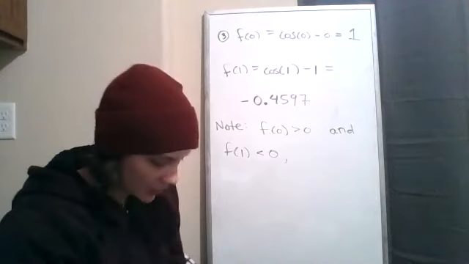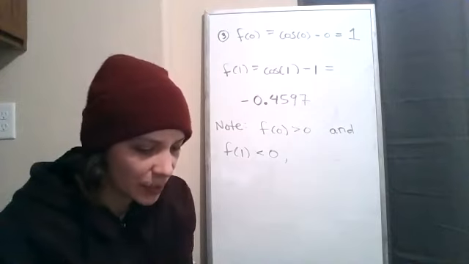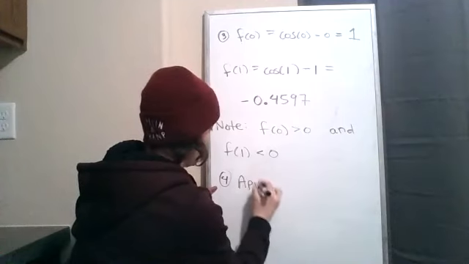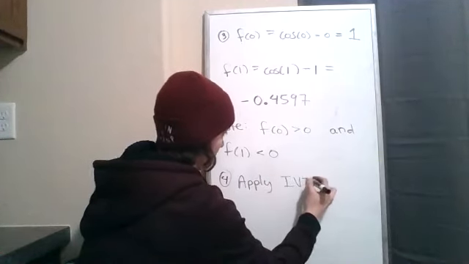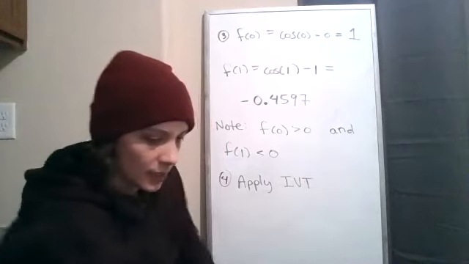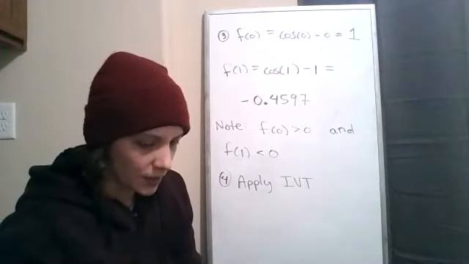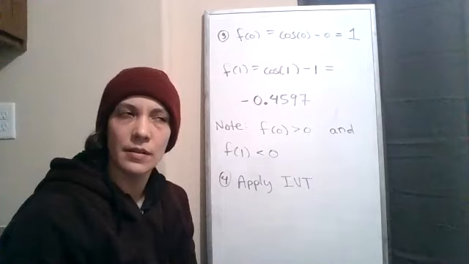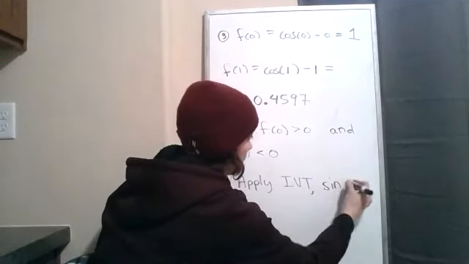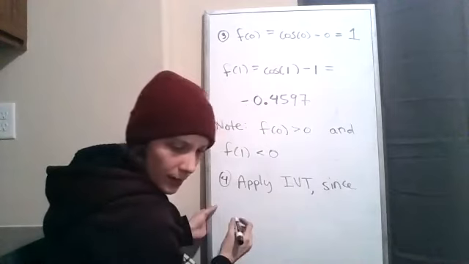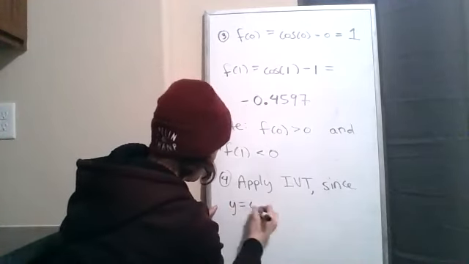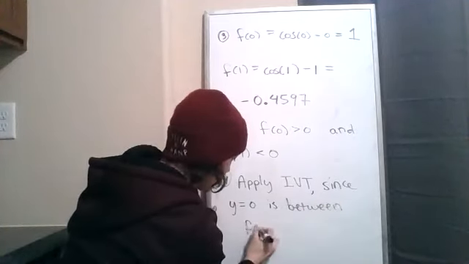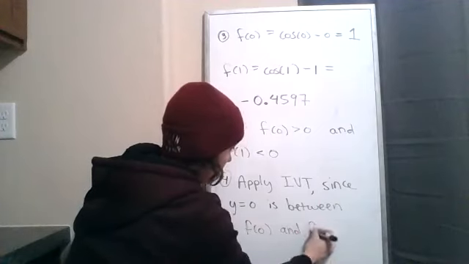Oh, we're almost out of time. So we'll finish this up and then call it good. Apply the intermediate value theorem. So that y equals 0, or should I put capital N equal to 0? I'm going to stick with y equals 0. It's between f of 0 and f of 1.